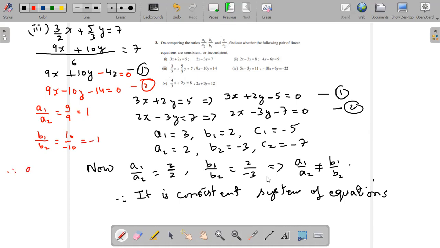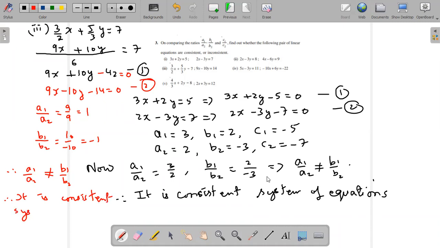Therefore, A1 upon A2 is not equal to B1 upon B2. So it is also a consistent system of equations. Therefore, it is a consistent system of equations.